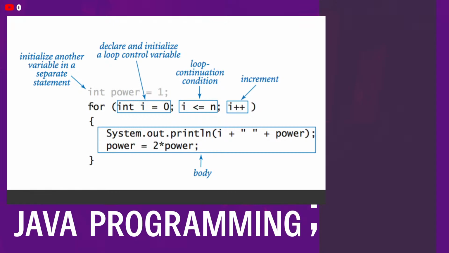What we have here is for int i equals 0. That's our initialization of a variable. This is where we are declaring and initializing a loop control variable for our for loop. Then we have our continuation condition, that finish line that we were just talking about. When this condition is no longer true, this loop will stop running.